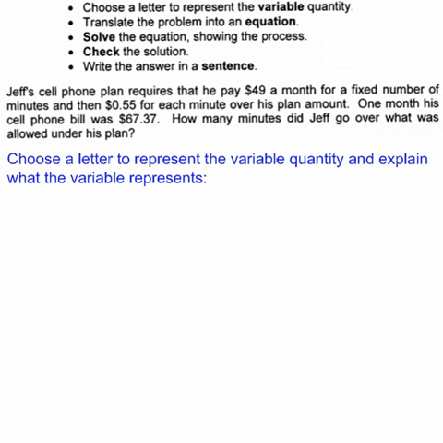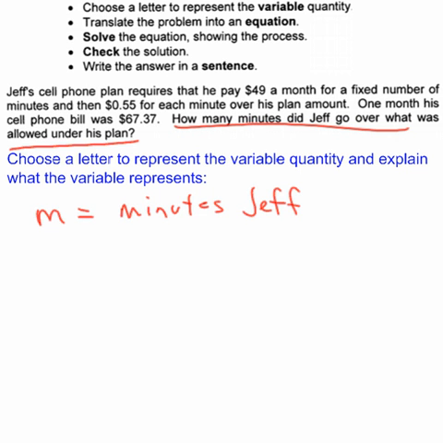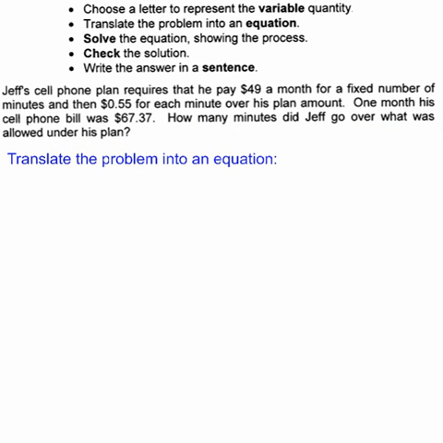But the first thing we have to do is just choose a letter to represent the variable. This says how many minutes did he go over his plan. So we're going to say M equals minutes Jeff went over. So that's our variable. Then we're going to translate the problem into an equation.